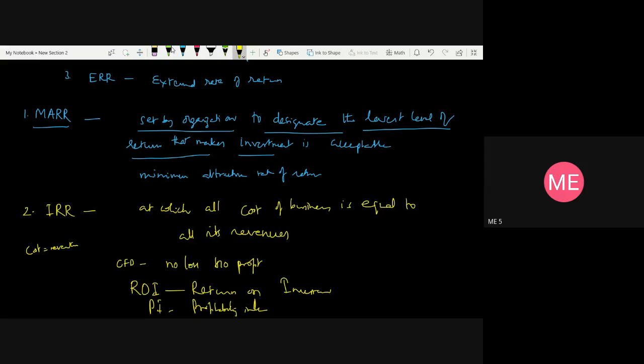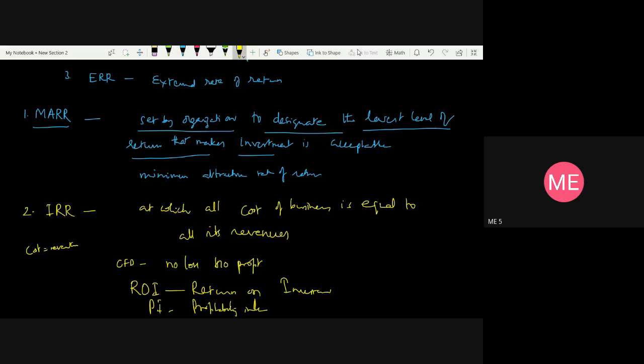So it has different names, but the only thing is how you define it. It is the rate of interest at which all the costs of business are equal to all its revenues. That is, the rate of interest at which the cash flows have no gain and no loss is called the internal rate of return.